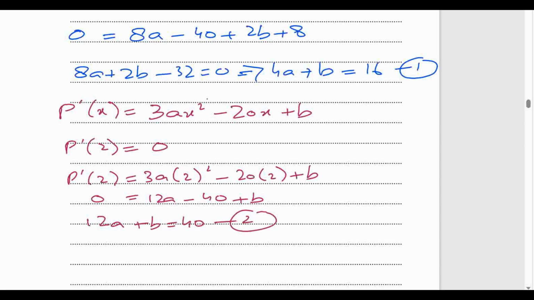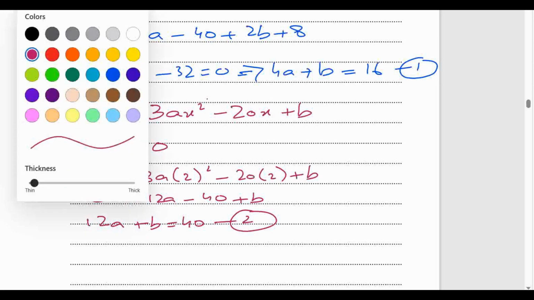This is equation 2. Now we have two equations and two unknown variables, so let me change the color first again.